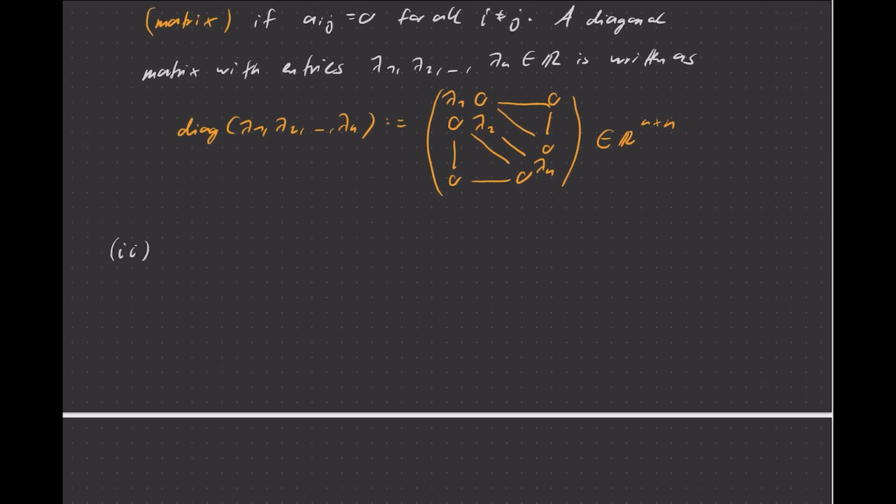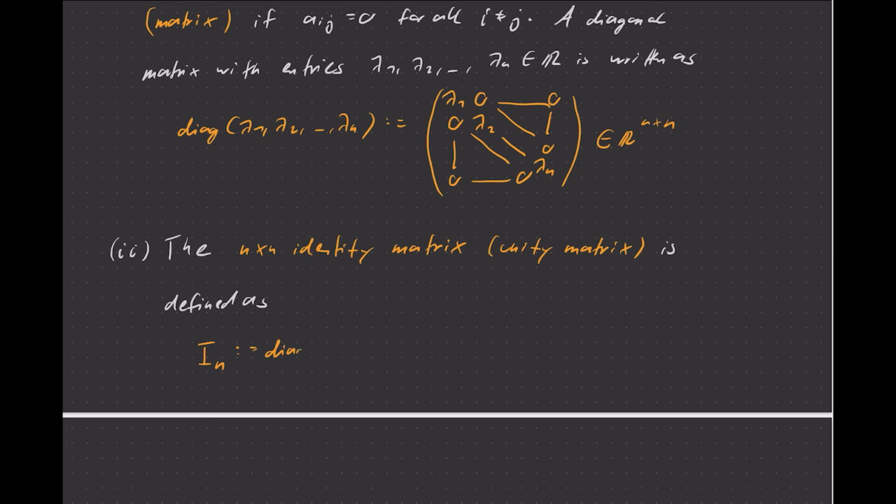So this is part 2 here. The n by n identity matrix, or sometimes called unity matrix, is defined as, the shorthand for this identity matrix is usually I_n, and that is just defined as the diagonal matrix of the all ones vector, where we have n entries.